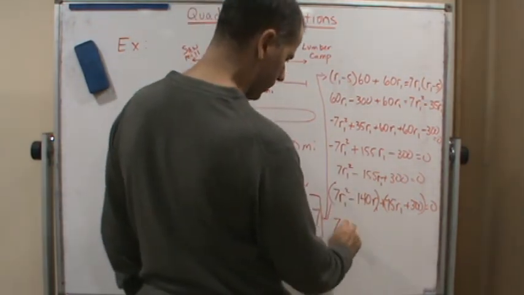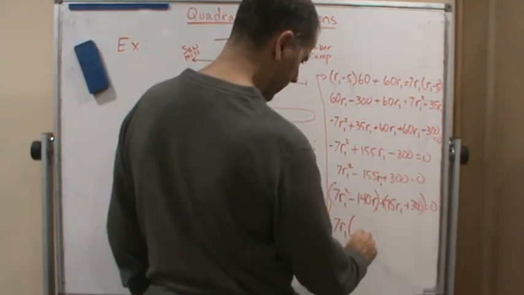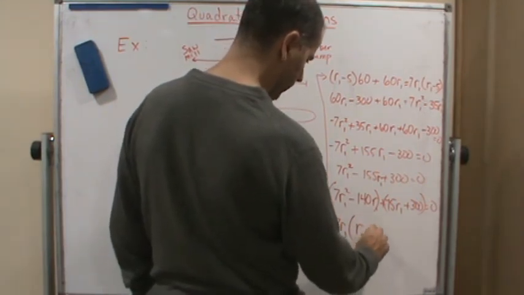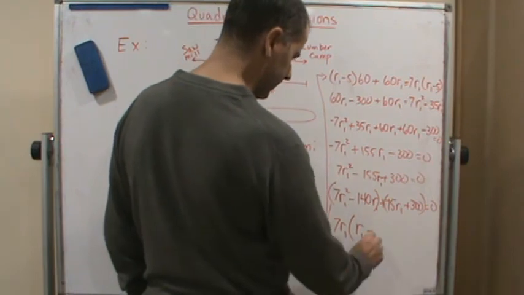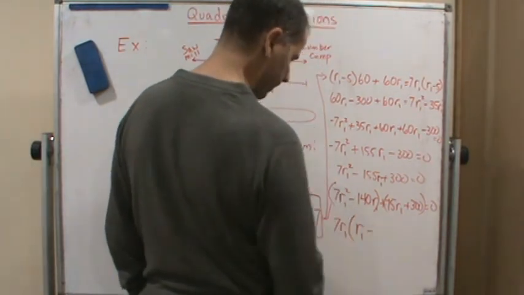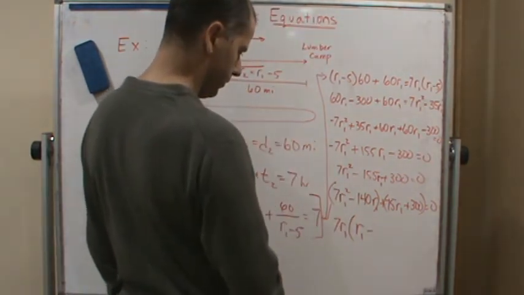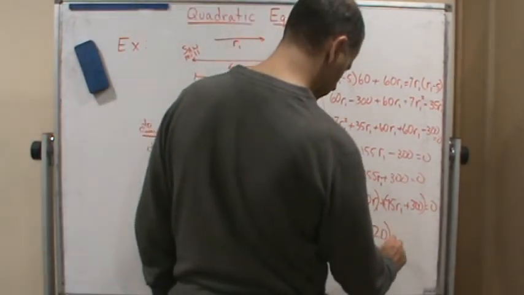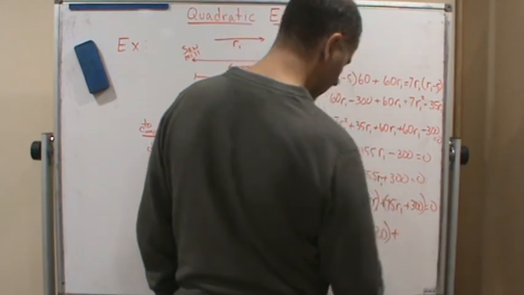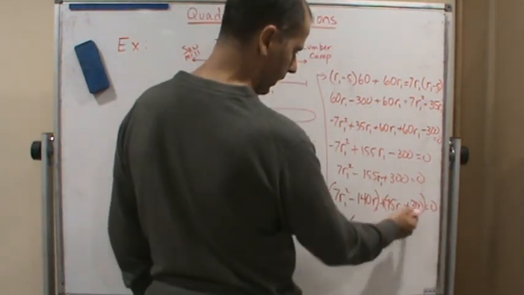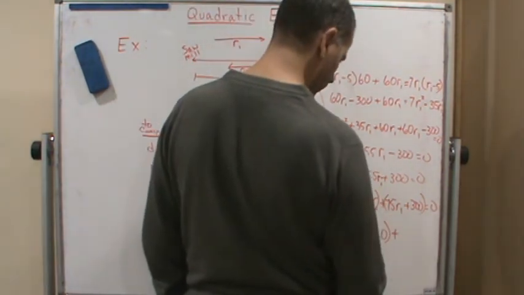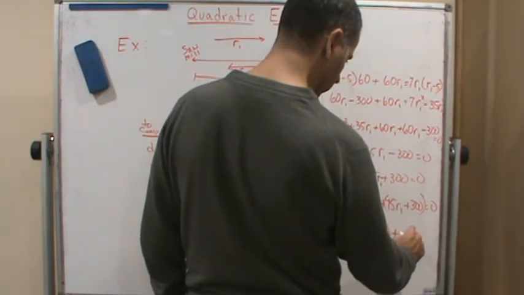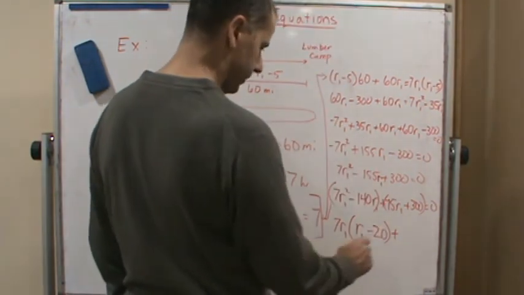So I'm going to factor out 7R1, and that's going to leave behind an R1 minus 20, plus, and now here I'm going to factor out a negative 15.